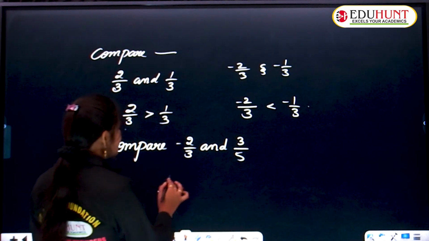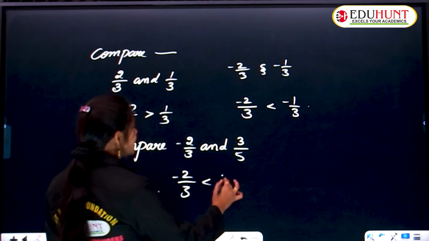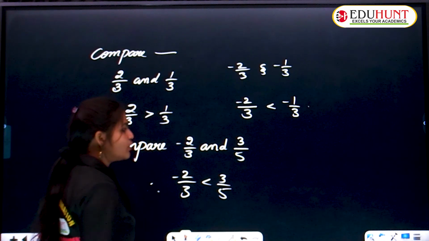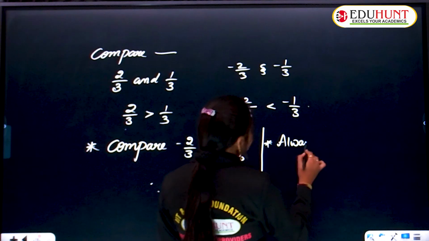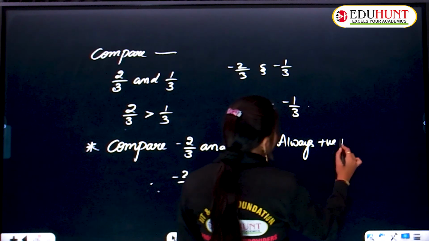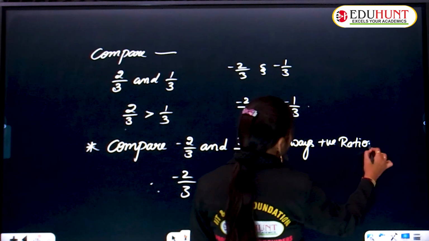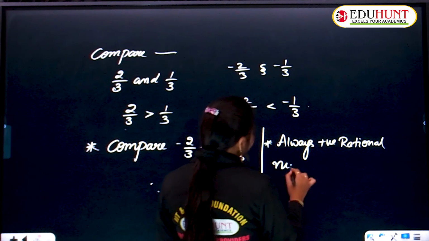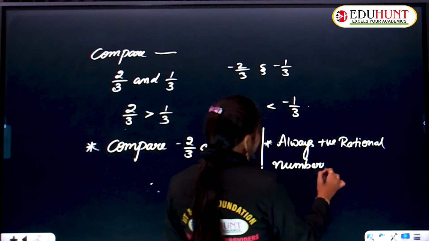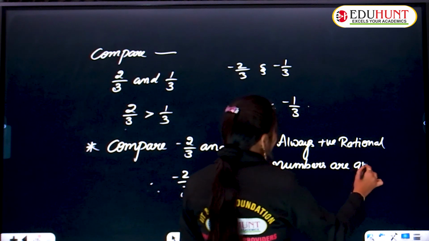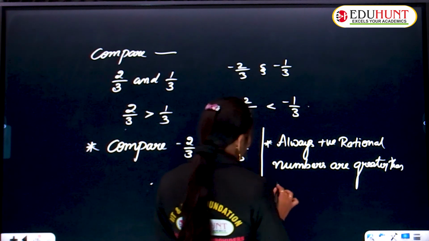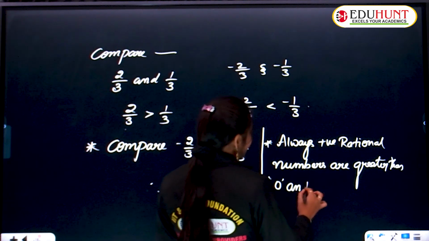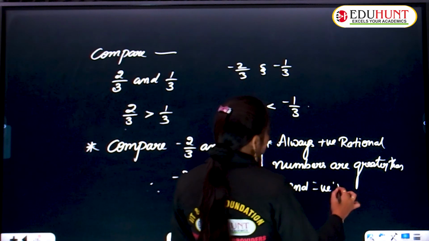So easily we can say that minus 2 by 3 is less than 3 by 5. Why? Because positive rational numbers are always greater than 0 and negative rational numbers.